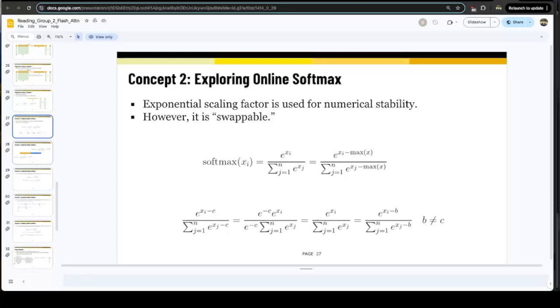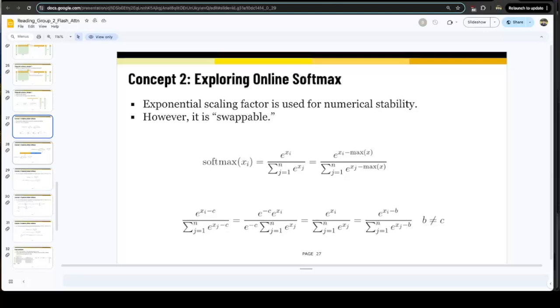So the first thing to note is, why do we have this max term with the e to the x? What it actually is is numerical stability, right? If you think of attention scores through training, they can get pretty large, and e to the x gets also very large.